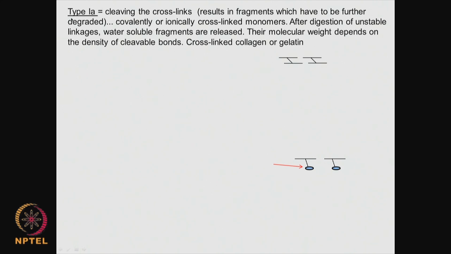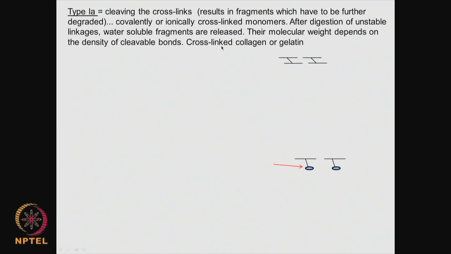If you look at type 1A, we have polymers connected by certain cross linkers. Okay. So, the polymer is stable, it is not soluble in water. The cross linkers could be covalently or ionically cross linked monomers. So, what happens after digestion of these linkages, suppose these linkages degrade, then the fragments which are formed could be water soluble.